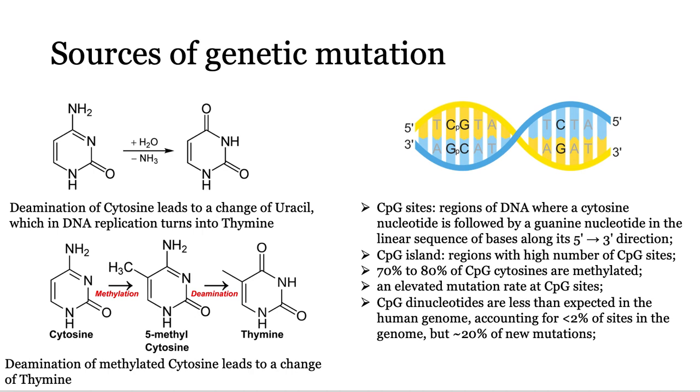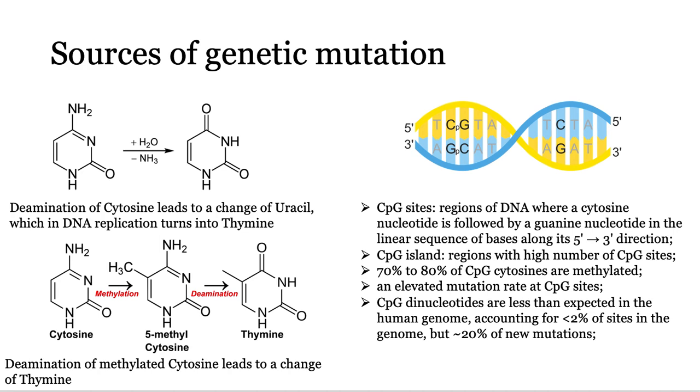They actually account for less than 2% of the genome. But they account for 20% of new mutations we observe. And the underrepresentation of CpG sites in the genome is because they have a higher mutation rate. So if you have a CpG site, it has a C mutated to T. So that's why CpG sites are less and less.